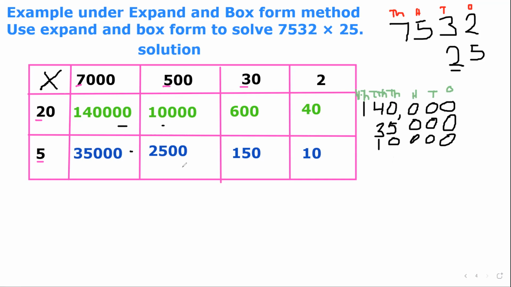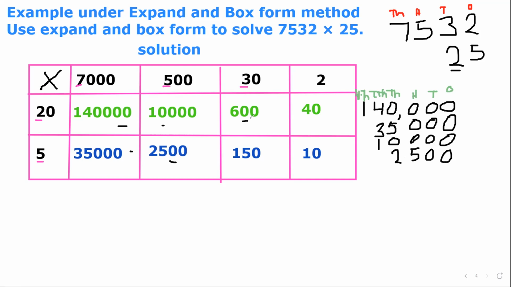Okay. Then we are left with this one, 2,500. Start recording from the back. 0, 0. Here is 5, and then here is 2. Okay. Now you do it in that order.